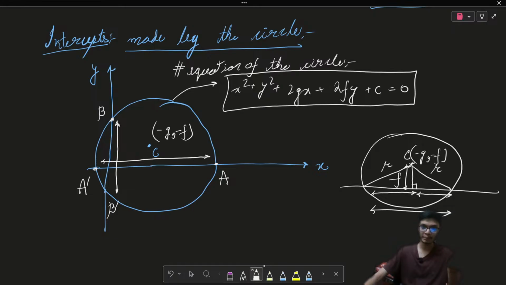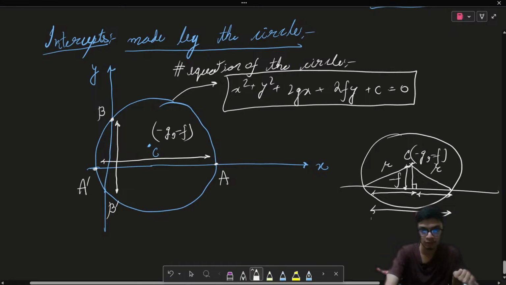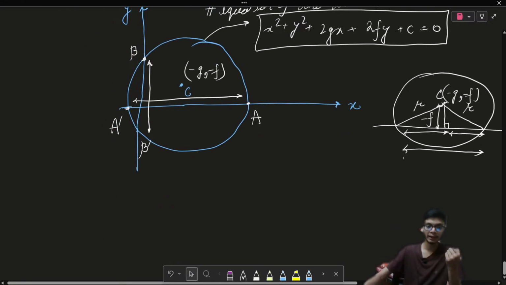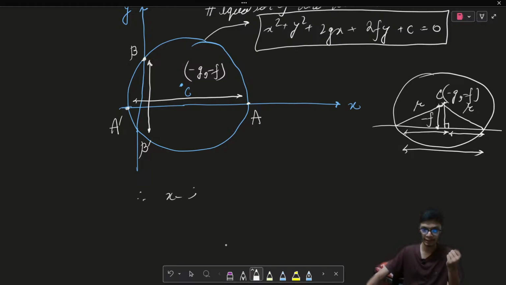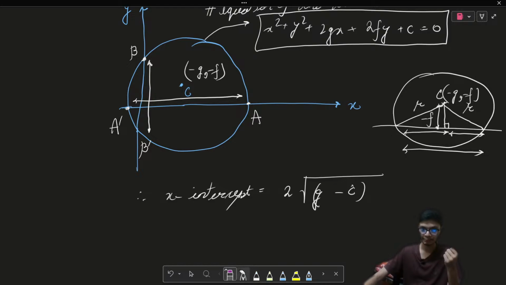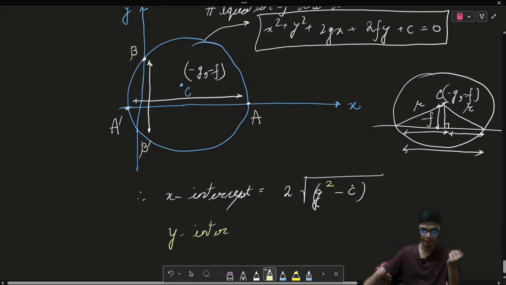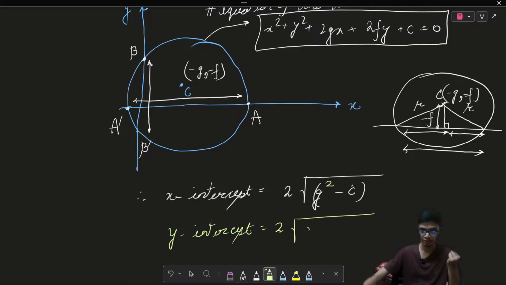If I carry out that algebra, you will see that finally the length of the x-intercept will turn out to be 2 times the square root of g square minus c, and the y-intercept will become 2 times the square root of f square minus c.